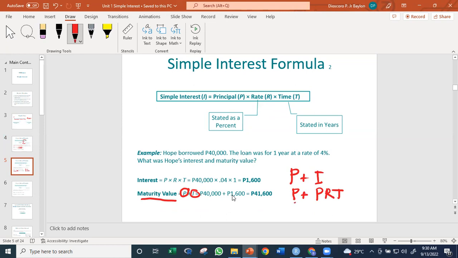So we can factor out your P. So this becomes the maturity value is equal to your principal times 1 plus RT. So this is your simple interest, this P times RT. To compute for the maturity value, you just multiply your P with this factor 1 plus RT.